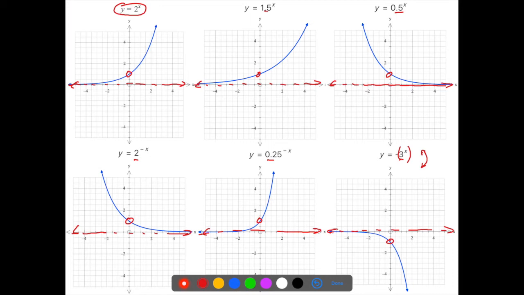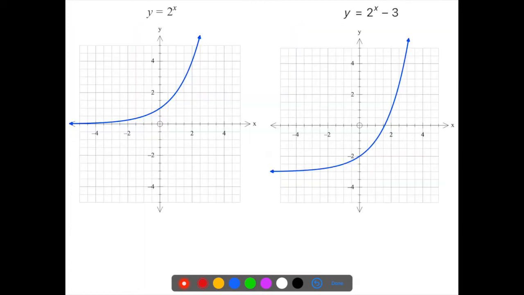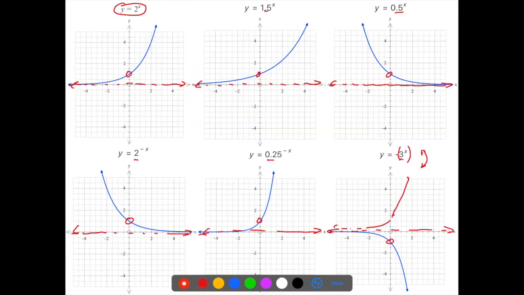That vertical reflection means that everything that was up on the top, which 3 to the x would look something like this, has now been flipped upside down, and so now my y-intercept is -1. All of them have the same y-intercept. We haven't changed that. Changing the base doesn't affect that.